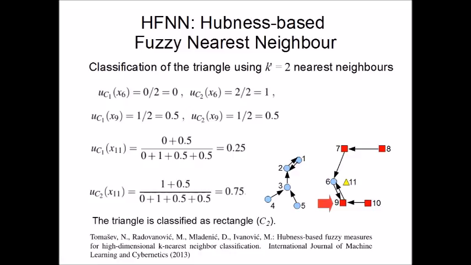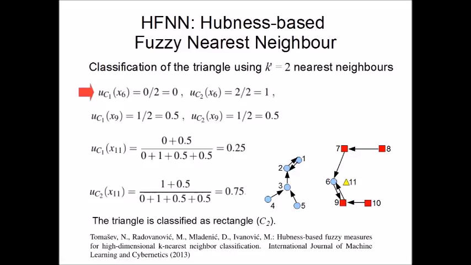We use C1 to denote the class of circles, and we use C2 to denote the class of rectangles. We will calculate the quantity UC1 for instance 6, and this quantity can be seen as an estimated probability that instance 6 appears as the nearest neighbor of a circle.